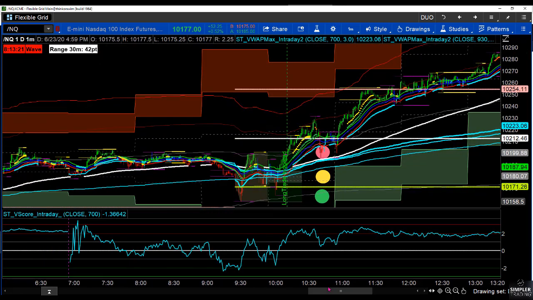Now, everything I'm talking to you about is a timeline from the open to approximately noon. I look at the day as really 2, maybe 3 days if you want to look at it this way. The open to the midday doldrums, approximately 11:30. The midday doldrums from 11:30 to about 1:30, and then the end of the day, the second half of the day, 1:30 to 4 p.m. Eastern.